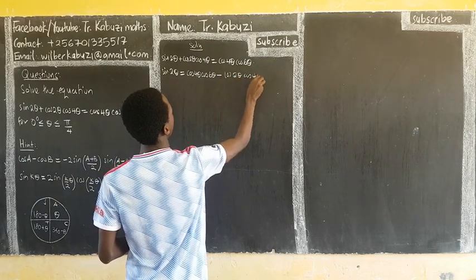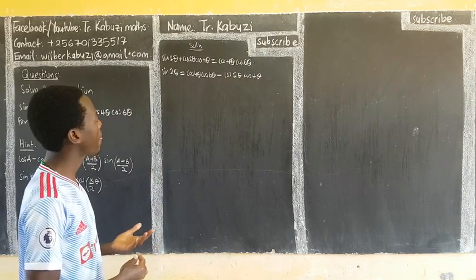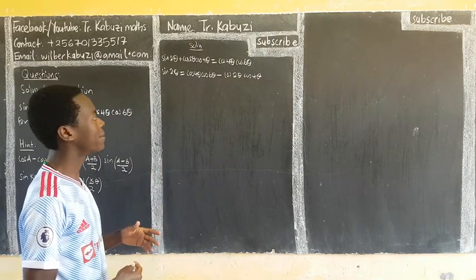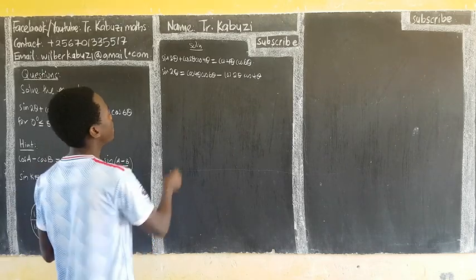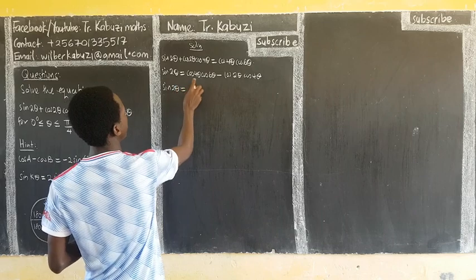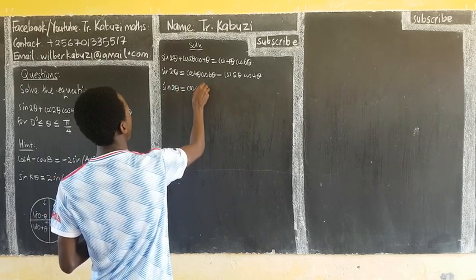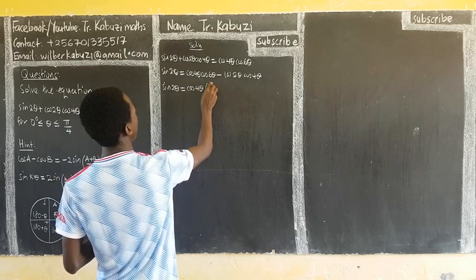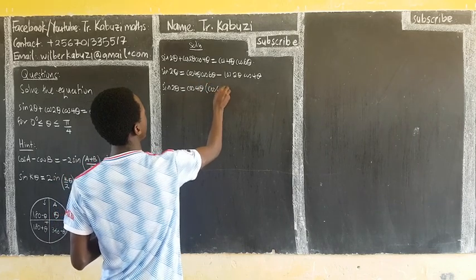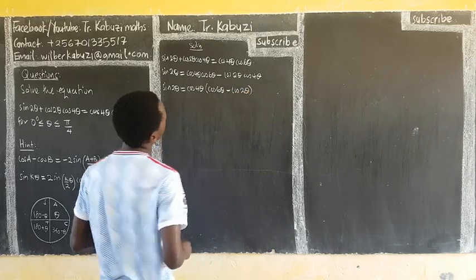Of course, you could factorize in one step, but let us take our time. So sine 2 theta here, I'm going to factorize out cos 4 theta, remaining with cos 6 theta minus cos 2 theta.